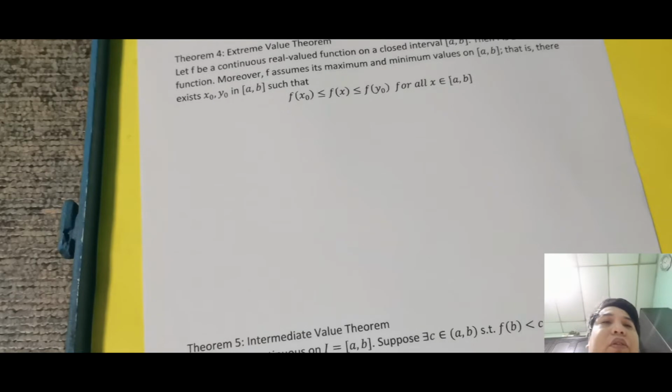So ano ibig sabihin nun? Somewhere sa ating function, may mag-exist na x naught and y naught such that ma-attain niya yung kanyang minimum and maximum value. Ito yung ibig sabihin ng extreme value theorem. Suppose na hindi ibig sabihin na ito yung function is increasing, paangat lang.